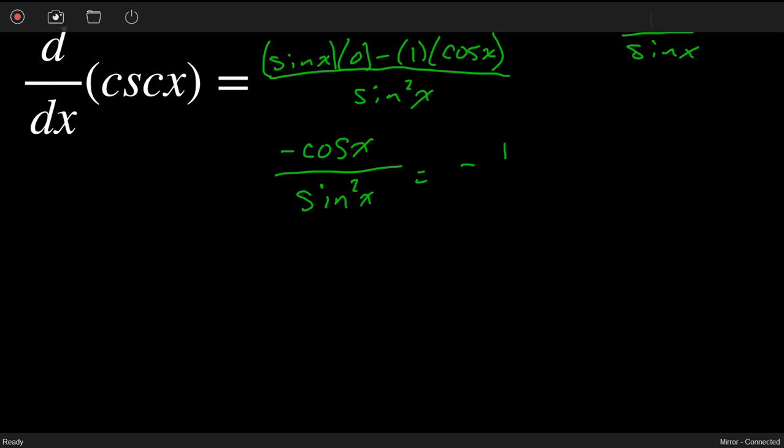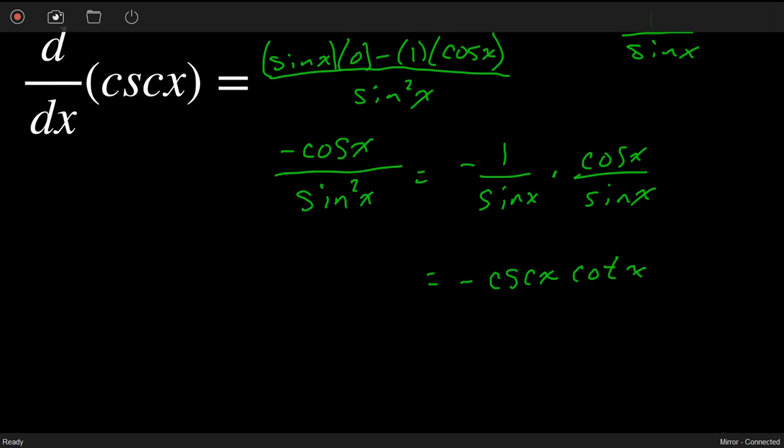This will give us negative 1 over sine of x times cosine x over sine x. Negative 1 over sine is negative cosecant x, and then cosine over sine is cotangent of x. So this is the derivative of cosecant of x.